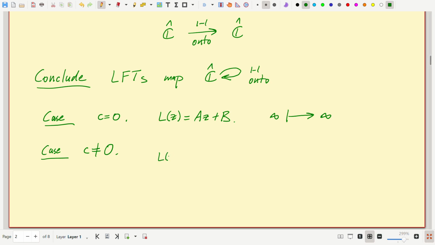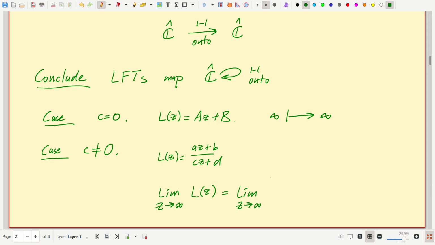I can write L of Z as AZ plus B over CZ plus D and take the limit as Z goes to infinity. This is kind of like you did in freshman calculus. Remember how you did that? You divided the top and the bottom by Z.